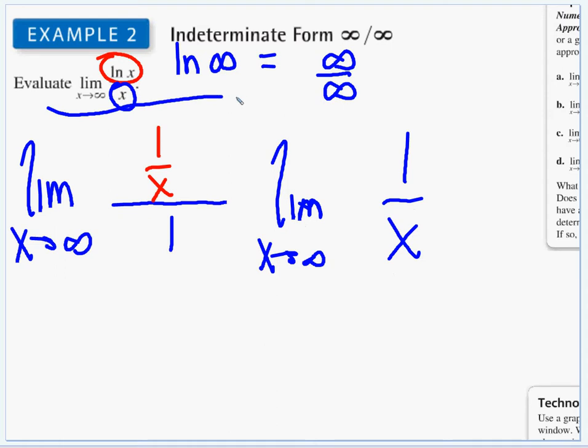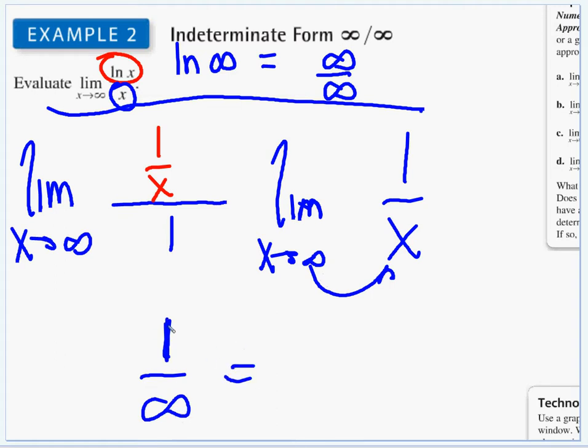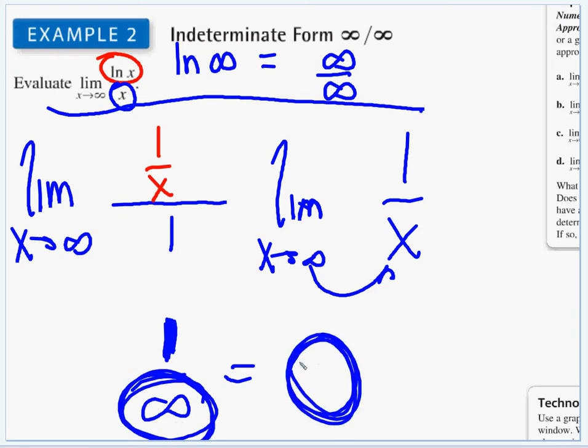Direct sub did not work at the beginning, but if we try direct sub now, we get 1 divided by infinity, and a finite 1 numerator divided by an infinitely huge denominator is heading for 0. So that limit is equal to 0.